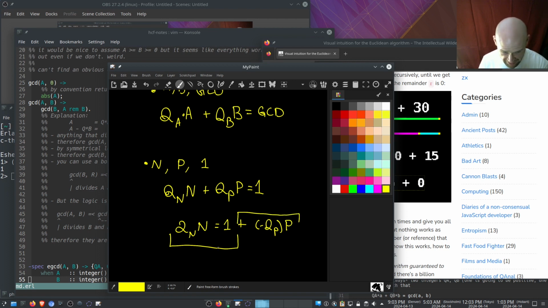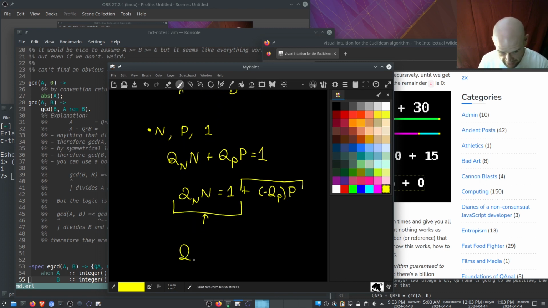So another way of phrasing that, Q sub n times n is 1 off from a multiple of p, i.e. Q sub n is equal to 1 over n mod p. Does that make sense? And definitely watch it again if it doesn't. But I don't know a way to explain that more straightforwardly.